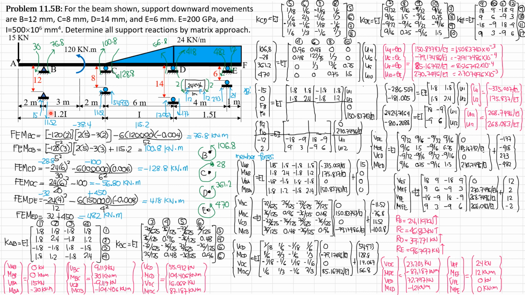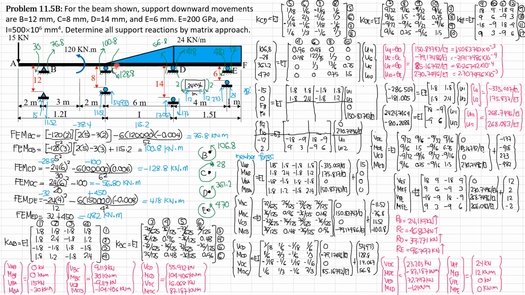So 12 times 1.2 divided by L cubed, 2 cubed, is equal to 1.8. Then 6 times 1.2 over 2 squared is 1.8 also. Then the negative of that value. I will not explain the preparation of these member stiffnesses because, as matrix structural analysis students, you should know that.